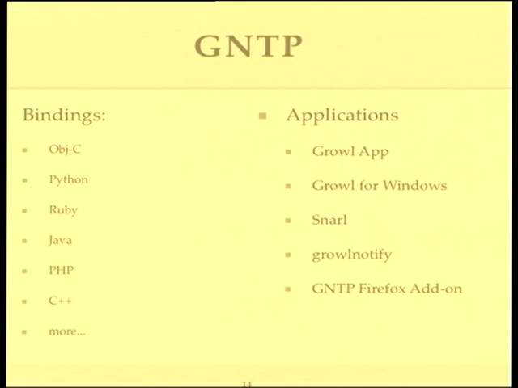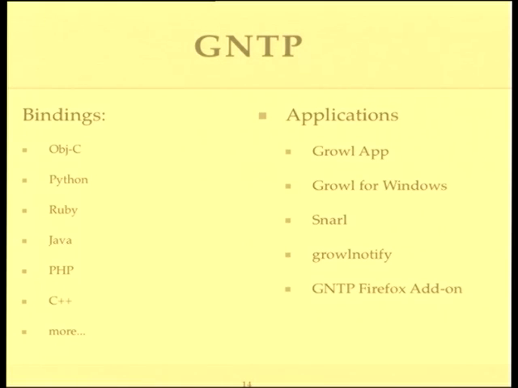Growl Notify, of course, which allows you to, as I said, use and send Growl notifications from the command line. And there's also even a Firefox add-on, which enables you to send GNTP notifications from JavaScript, and it even allows web apps to send notifications to you.